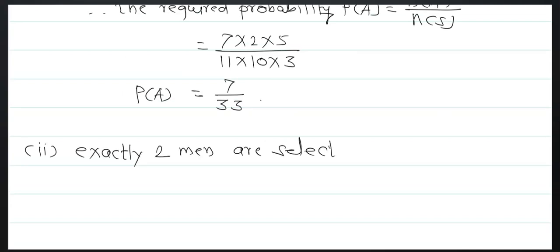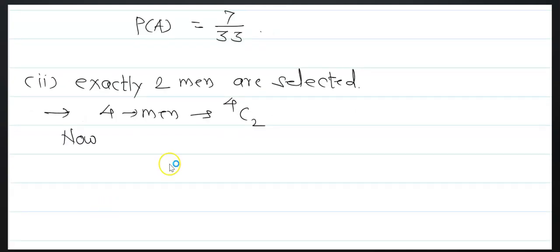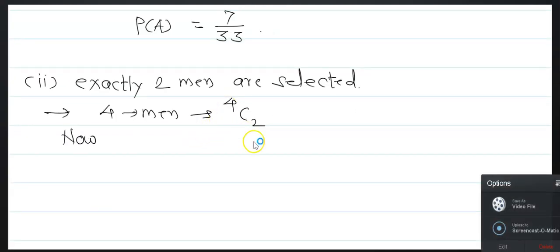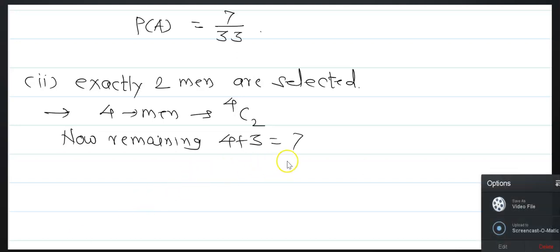Exactly 2 men are selected. There are 4 men, that is 4C2. And now the remaining are 4 plus 3, that is 7.